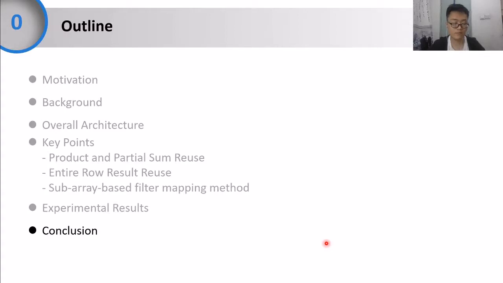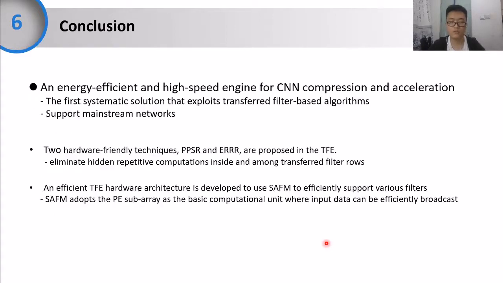Finally, please let me make a conclusion. In this work, we propose an energy-efficient and high-speed engine for CNN compression and acceleration. This is the first systematic solution that explores transfer filter-based algorithms, and the transfer filter algorithms can be used for mainstream networks, namely our engine can support mainstream networks.